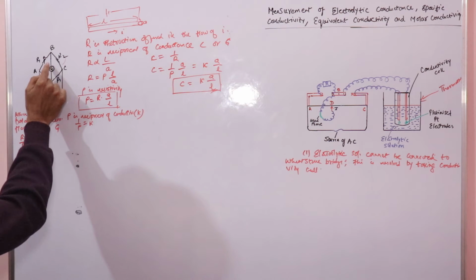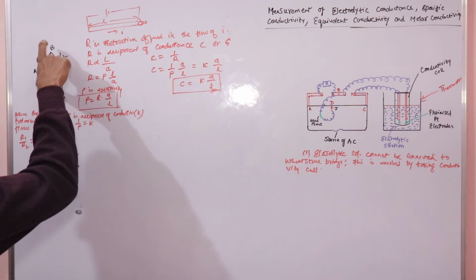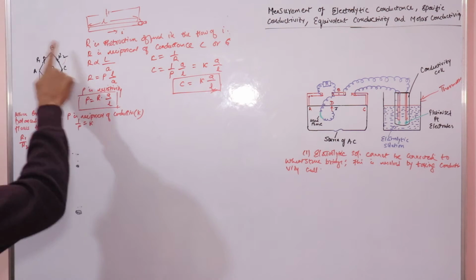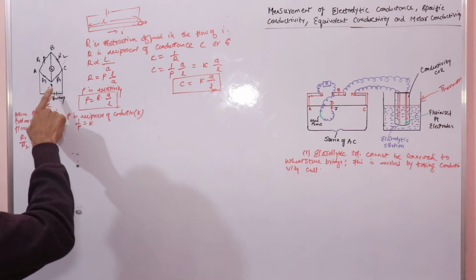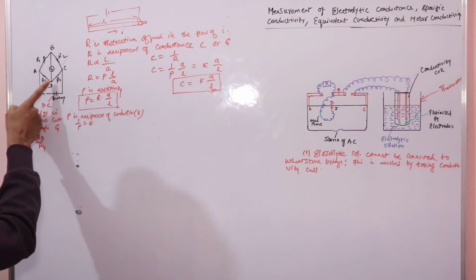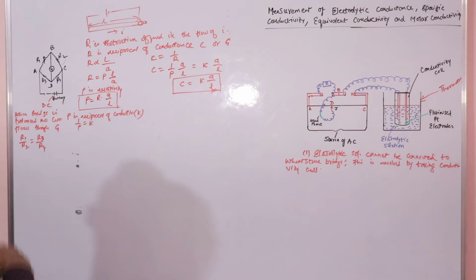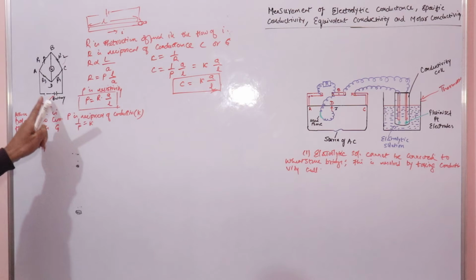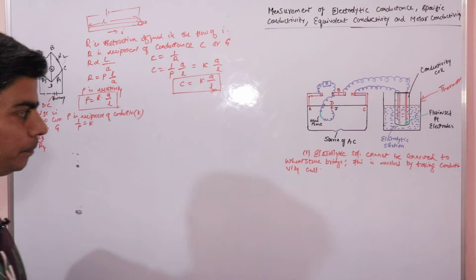And this galvanometer will not show any deflection since no current is passed through B and D. I have arranged these resistances such that no current will pass through this galvanometer, which is between this point B and D, right? So here, since I'm passing this direct current through this battery, right?